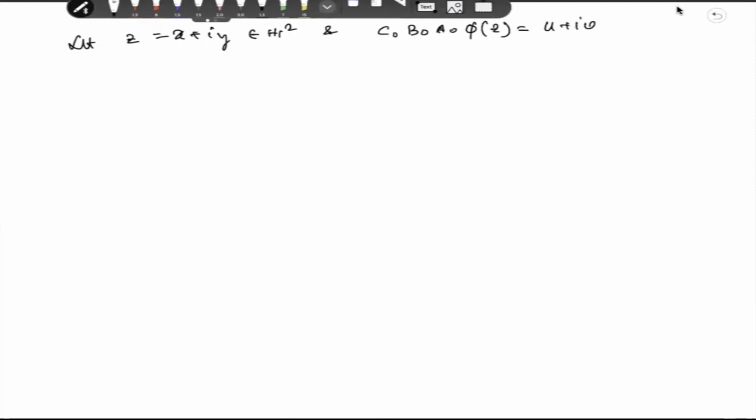Also, this isometry C compose B compose A compose phi fixes the imaginary axis pointwise. So C compose B compose A compose phi of it is equal to it for all t greater than 0. So we have this picture here.